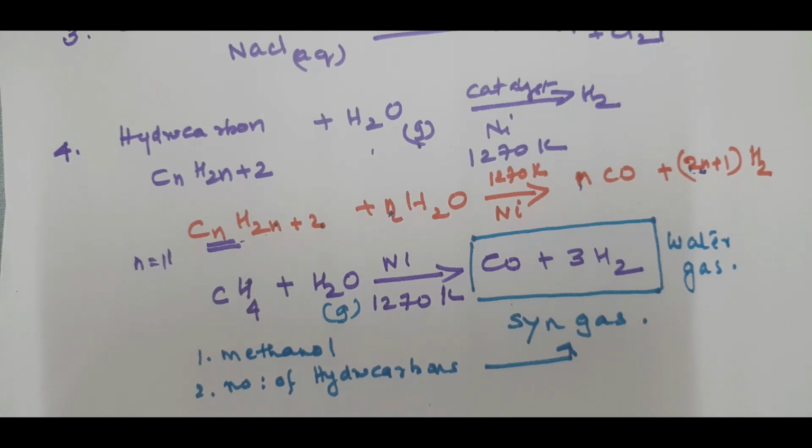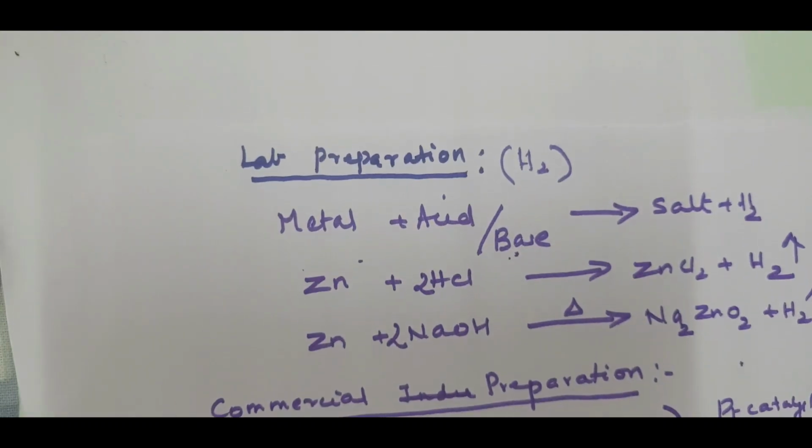Okay. So how is synthesis gas prepared? It is prepared from steam with the hydrocarbon. Is it clear? Now, one more preparation for syngas: syngas can be prepared from carbon, that is coke, from coal.